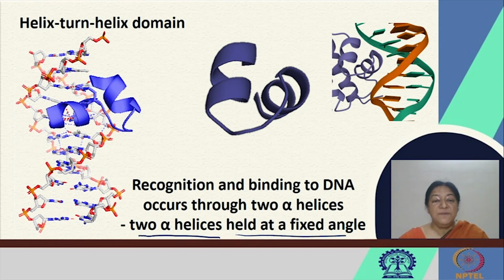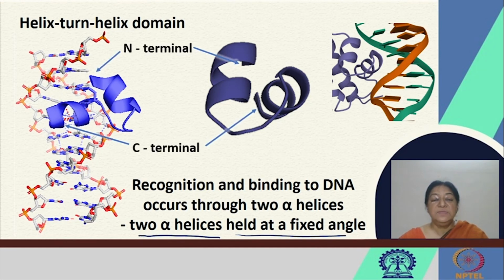So we have the specific angle, the specific recognition, and the specific structural characteristics that are going to allow the DNA to interact with this specific DNA binding domain. So we have the N-terminal part of this helix domain, we have the C-terminal part of the domain, and we realize that the recognition and binding occurs in the major groove in a manner where the two alpha helices are going to be held at a specific angle.